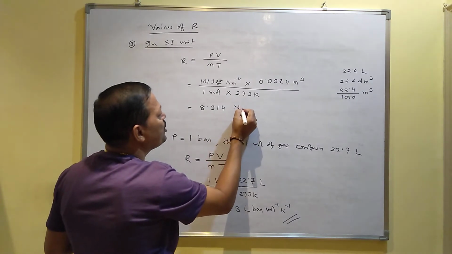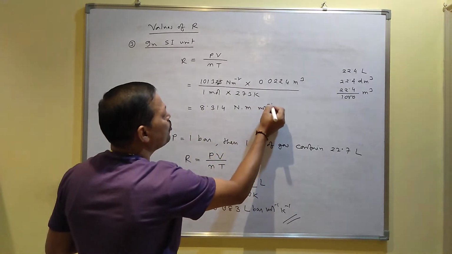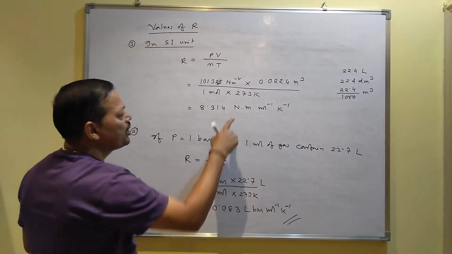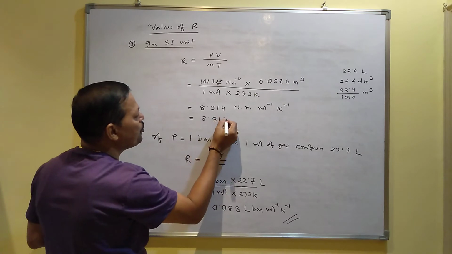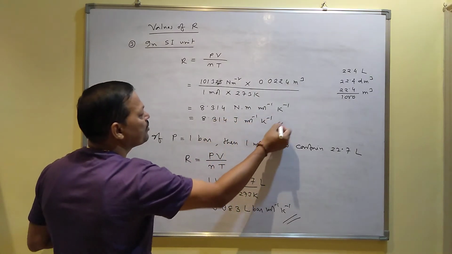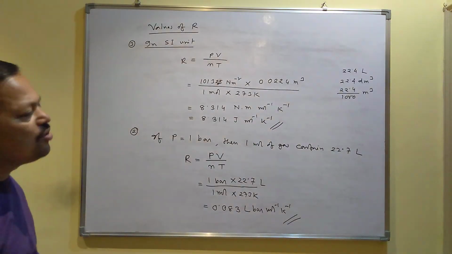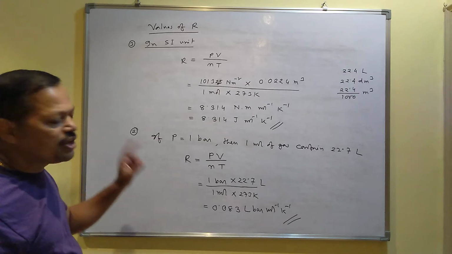Ultimately you will get Newton into meter, mole becomes per mole, Kelvin becomes per Kelvin. Newton into meter means you can write joule. Ultimately you can write 8.314 joule per mole per Kelvin. So this is the value of R in terms of SI unit. So you have got 3 values of R.